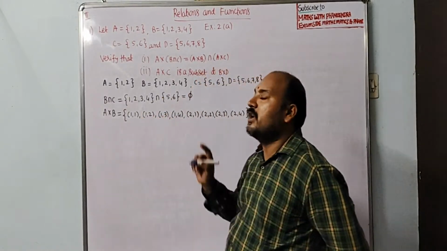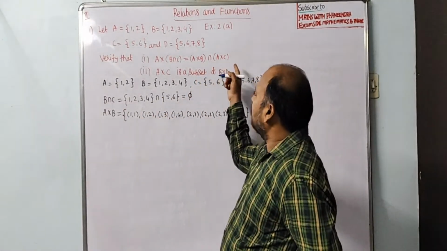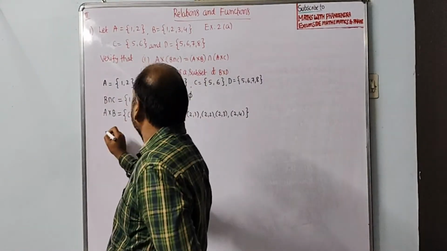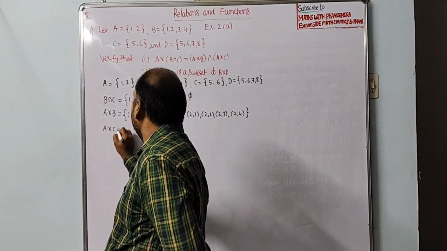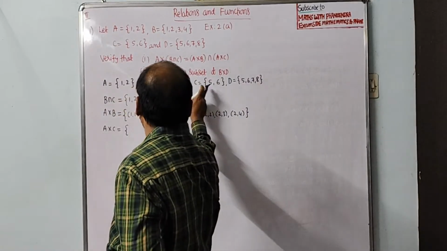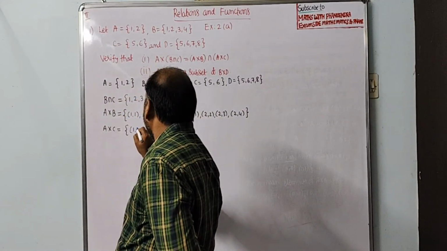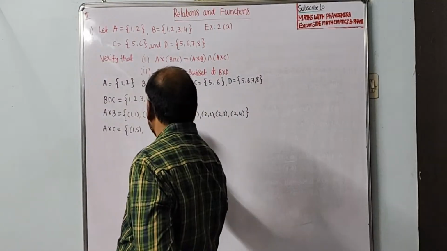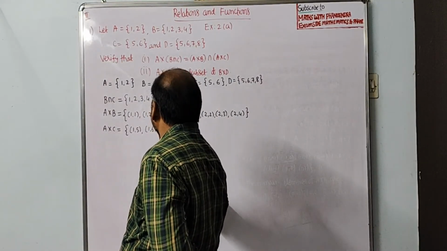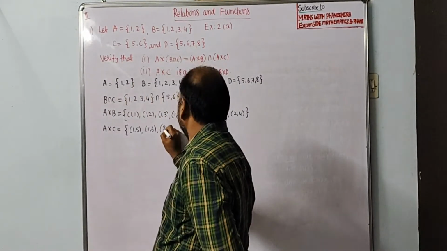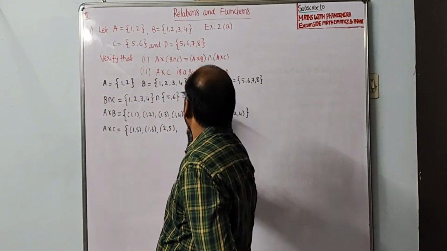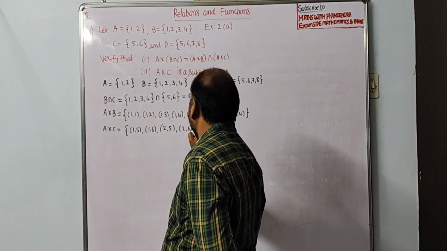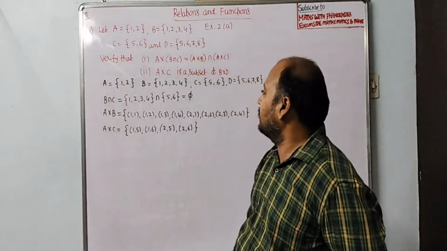So A cross B is completed. Next A cross C, A and C: A cross C equal to (1, 5), next (1, 6), (2, 5), (2, 6). So A cross C is also completed.